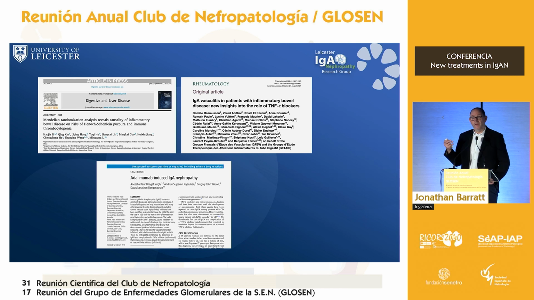I'm looking after 2 cases at the moment of patients that have had significant inflammatory IgA disease in association with anti-TNF therapy. We don't understand why this happens, but we see that it happens both in IgA vasculitis, but also in IgA nephropathy, suggesting a common pathogenic pathway.